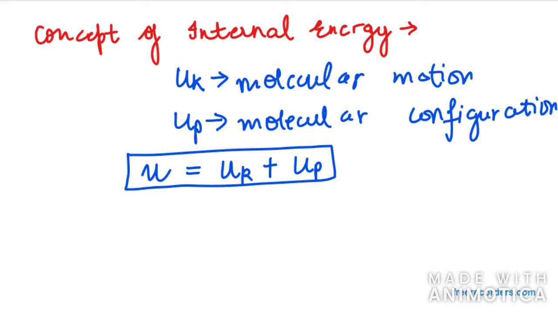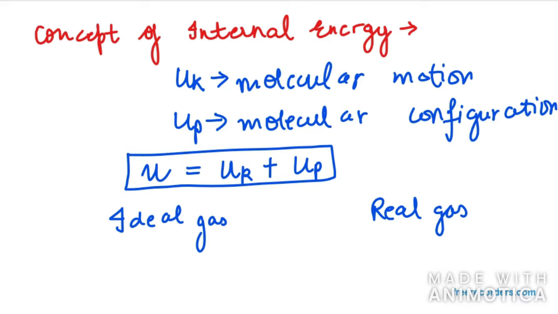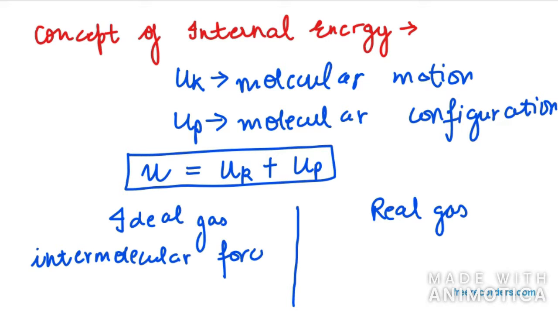Now, as you know, we have two types of gas, that is ideal gas and real gas. In the case of ideal gas, the intermolecular forces are assumed to be zero.